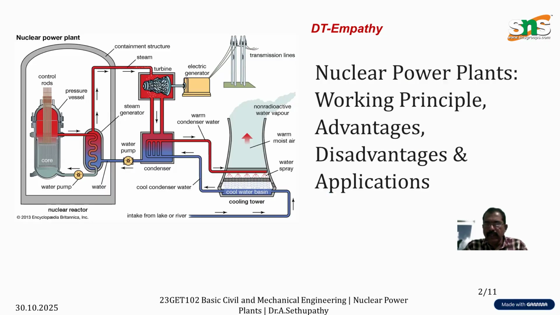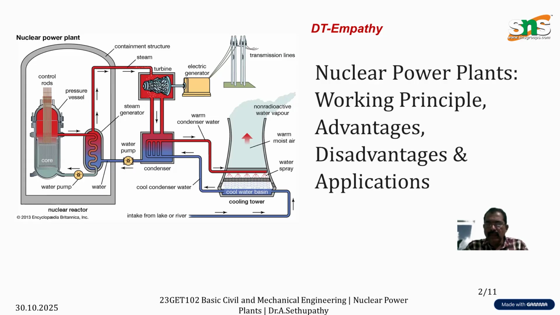The water will be converted into steam through the atom-splitting fission action from uranium 235 and control rods. So in the pressure vessel, we have uranium rods and graphite control rods in every layer.